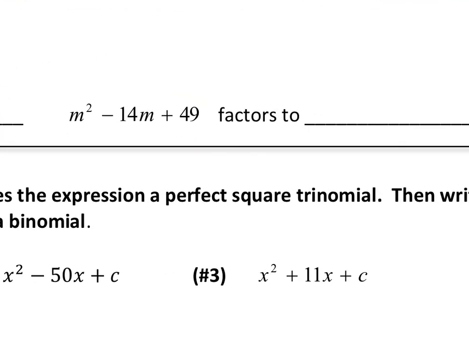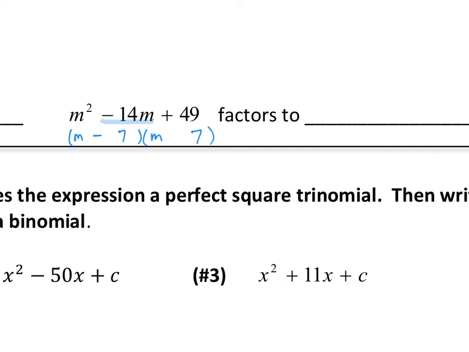So if you look at this one, m squared is a perfect square. 49 is a perfect square. If you factor this with smiley face method, you will get m times m gives you m squared. 7 times 7 gives you 49. Okay, and we want this to add up to negative 14. Negative 14.